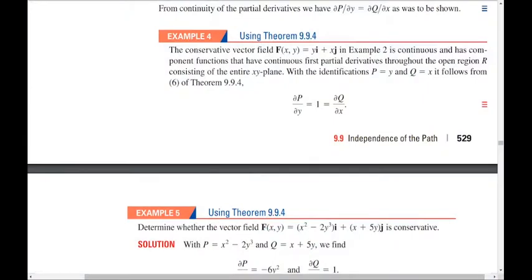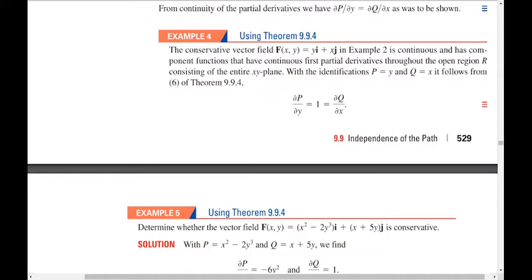So let's do the examples which are given in your textbook. The first example is to check whether the field, which we have often been using, F(x, y) equal to yi plus xj, is conservative or not. Clearly P is equal to y, Q is equal to x. So what will be ∂P/∂y?